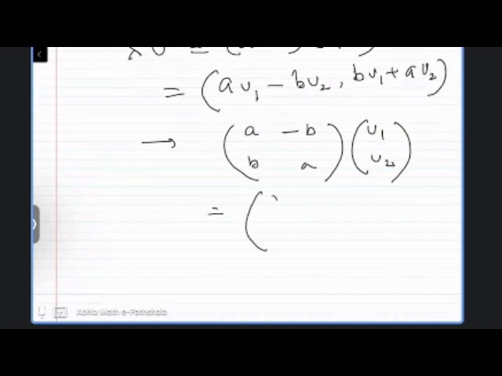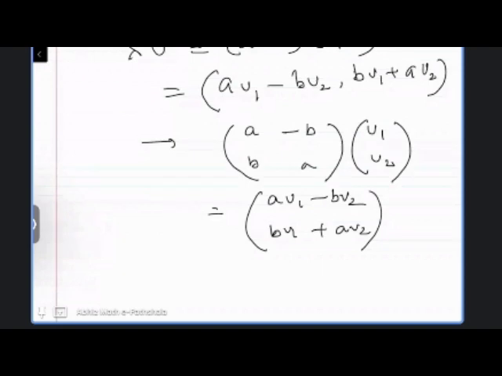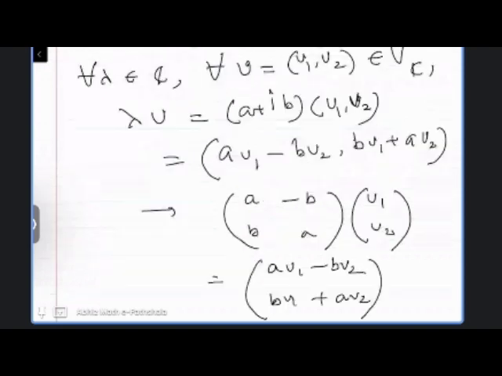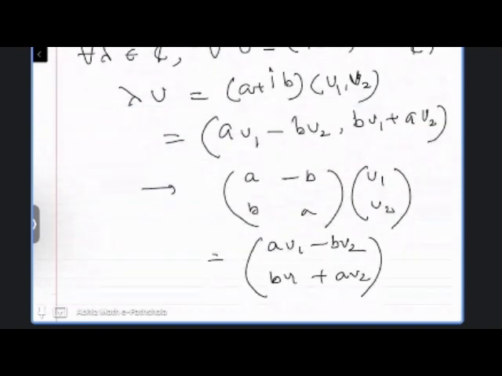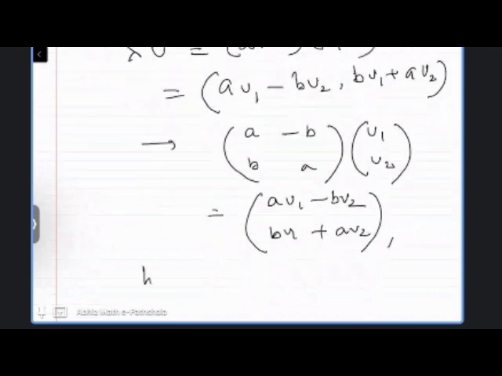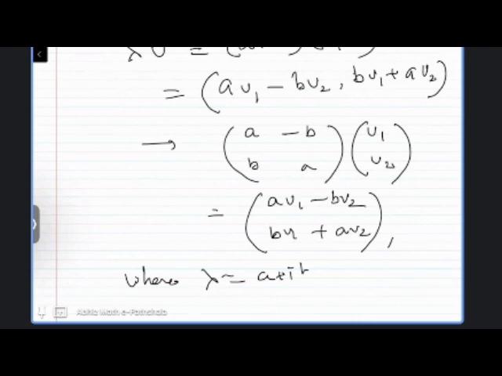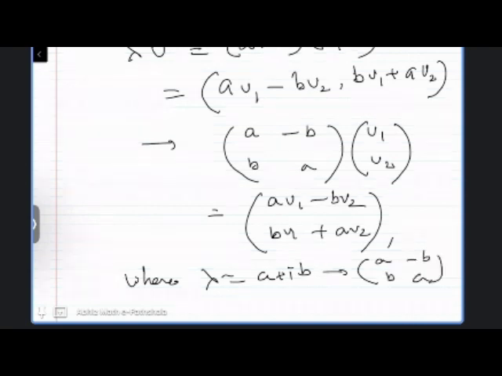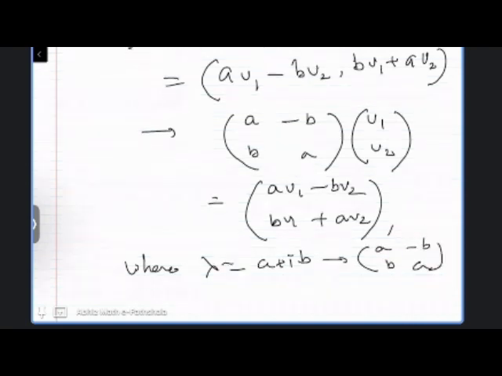And look at this one: a v1 minus b v2, b v1 plus a v2. We are just taking the complex number lambda, where lambda is a plus ib, or you can represent it by the matrix with a, minus b, b, a.